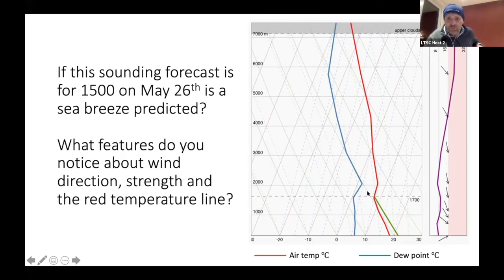It's probably at the upper end of limiting it, but it still looks like quite a decent sea breeze at 8 knots. You can see the wind shearing as you go up. So the features to look for are the wind southwest at sea level, northwest at gradient height, and the temperature inversion, which is probably right on the limit where it matters.